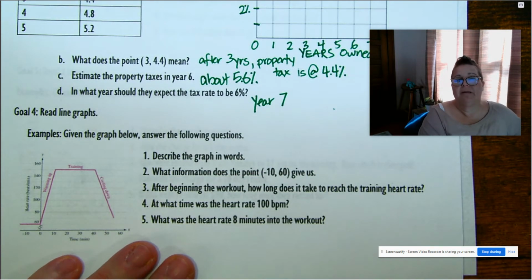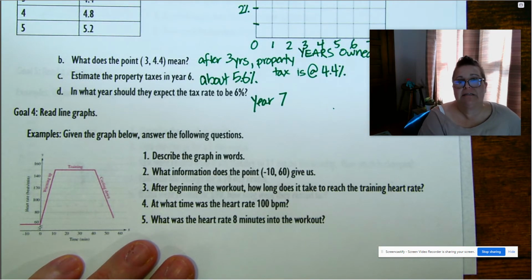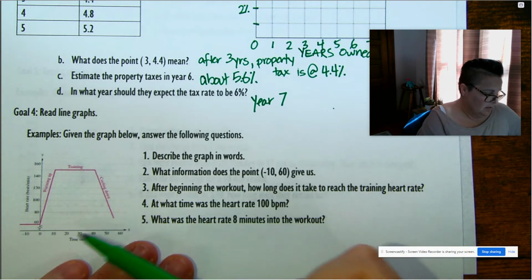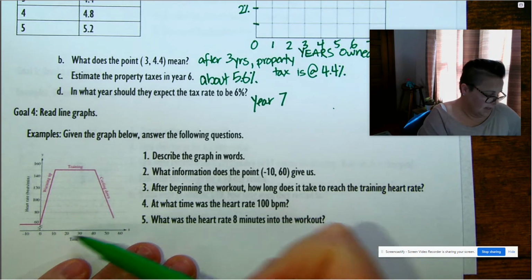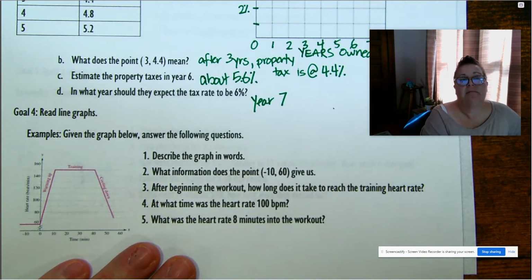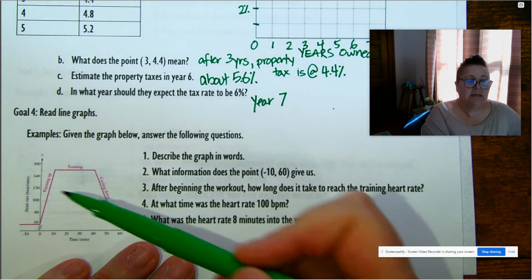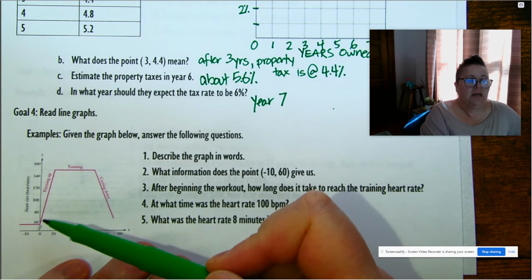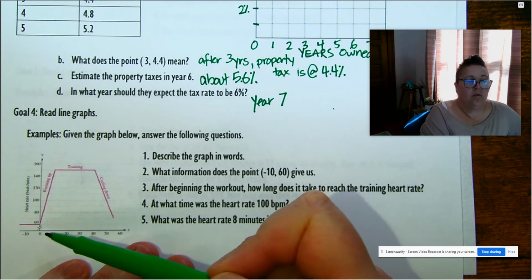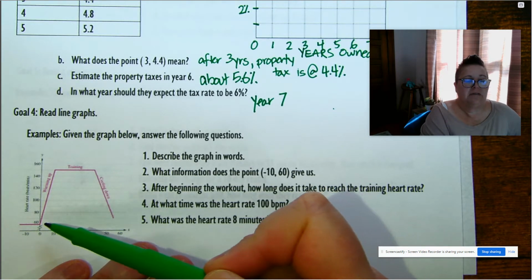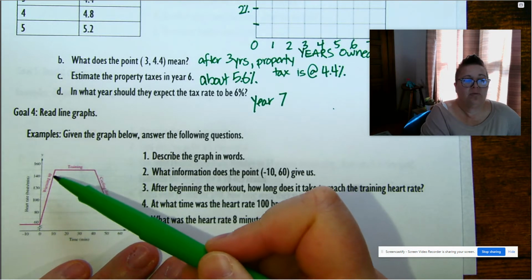So describing the graph in words basically means that we're asking you to describe what this graph is giving us, what data it's recording. This graph, because I've got time in minutes and heartbeats, appears to be tracking somebody's heartbeat as they're exercising. It appears that as they're warming up in the first few minutes of exercise, their heartbeat is rising.